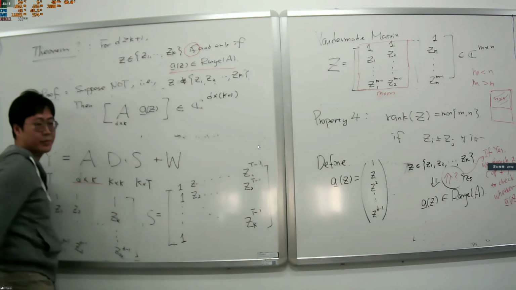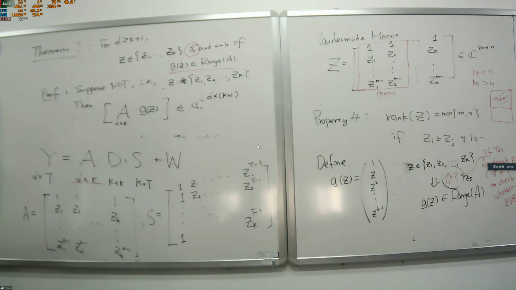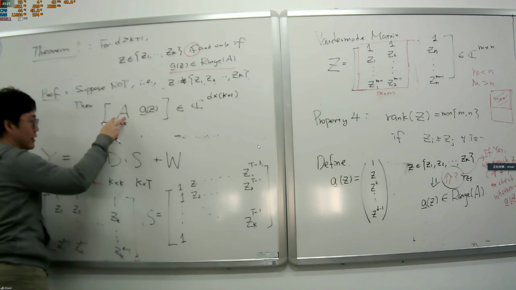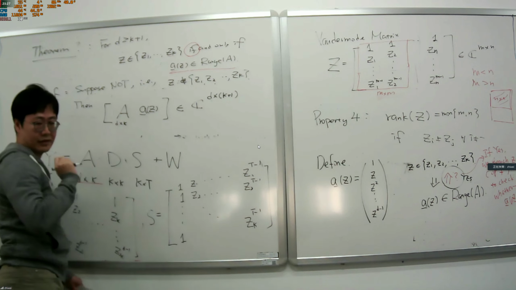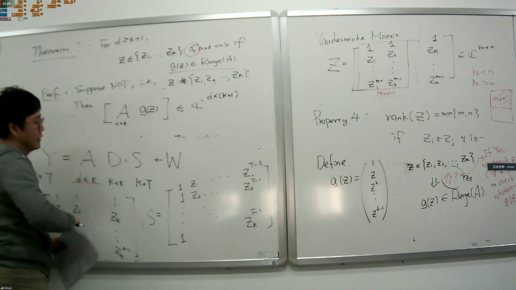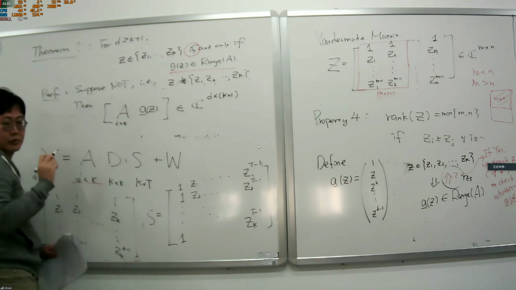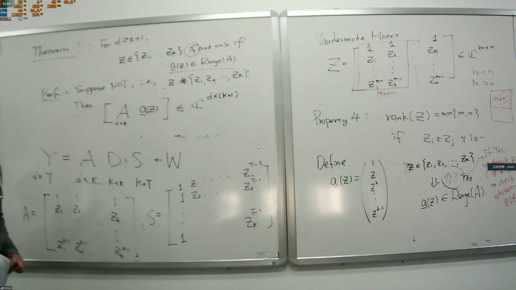AZ is in the range space of A, which means AZ is a linear combination of columns of A. So this matrix is rank deficient, it will not be full rank.